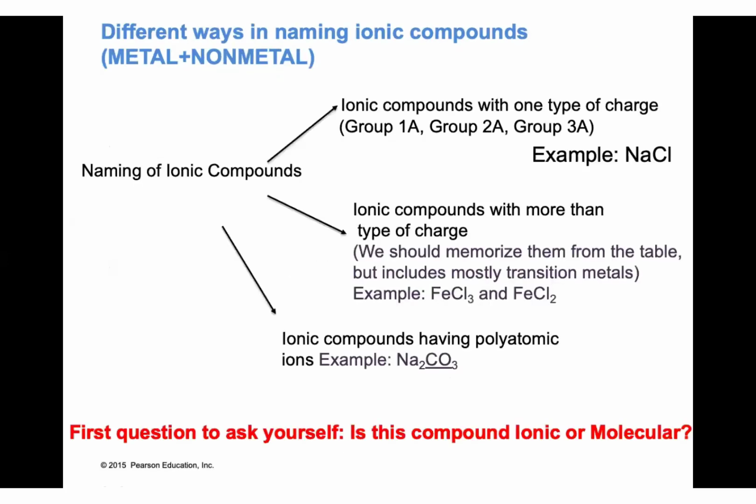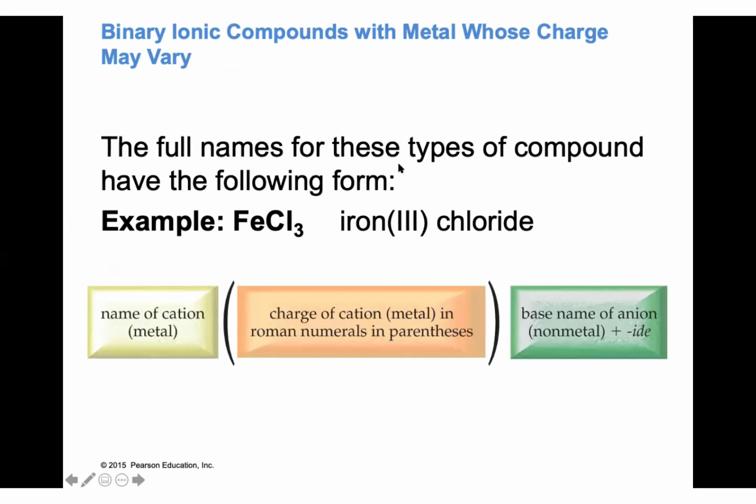Okay, so let's go to the second type, ionic compounds with more than one type of charge. For example, iron, like I talked about, can be 2 plus or 3 plus. How do we name them? We should emphasize the charge of the iron. Imagine we have two brothers.